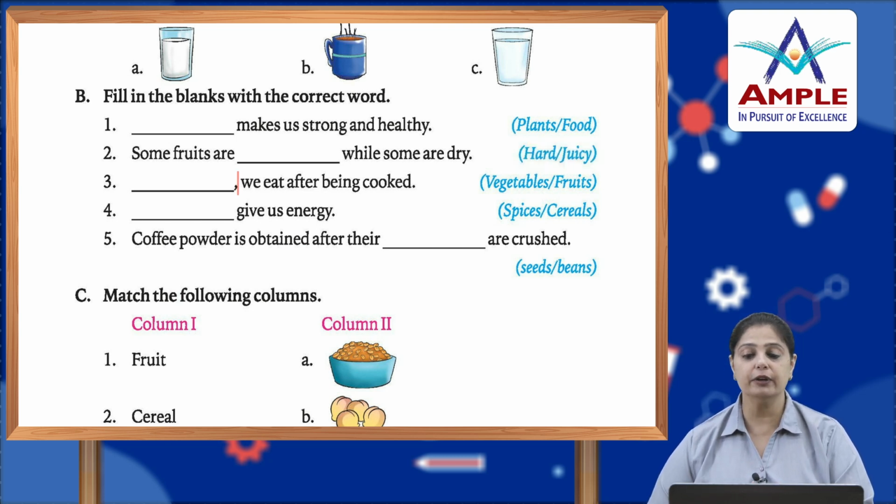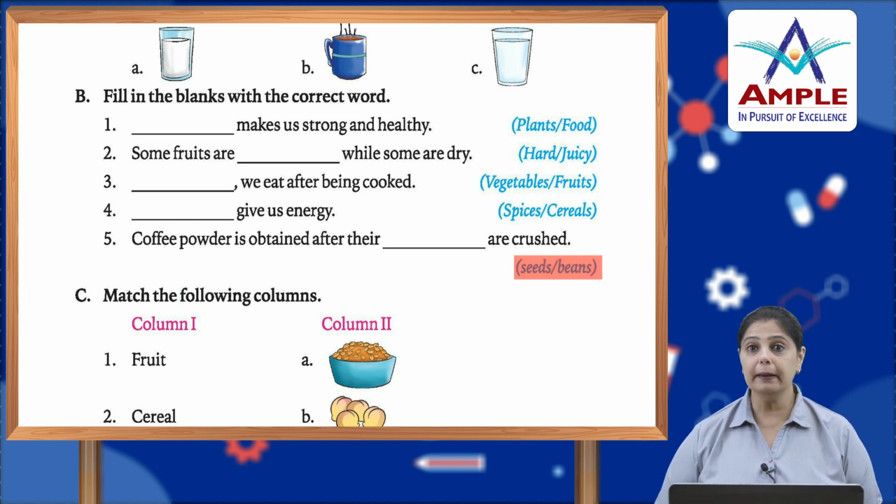Dash we eat after being cooked. Vegetables or fruits? We generally cook vegetables. Dash gives us energy. Spices or cereals? Cereals. Coffee powder is obtained after their dash are crushed. Seeds or beans? It is the coffee beans. When you crush them, you get coffee powder.